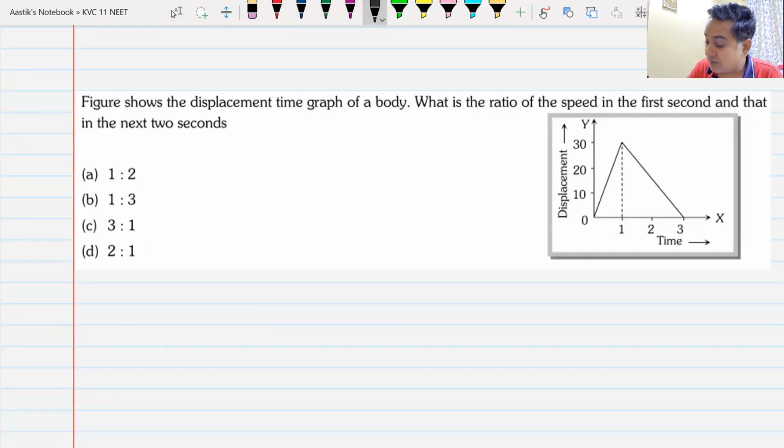This one comes for you, my dear friends. I've forgotten the number. I'm just writing awkward numbers. Let me call this question number 6. Figure shows the displacement-time graph for a body.